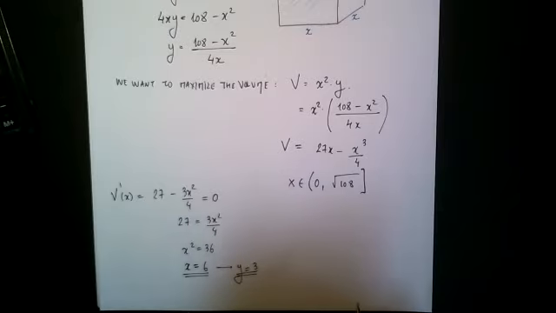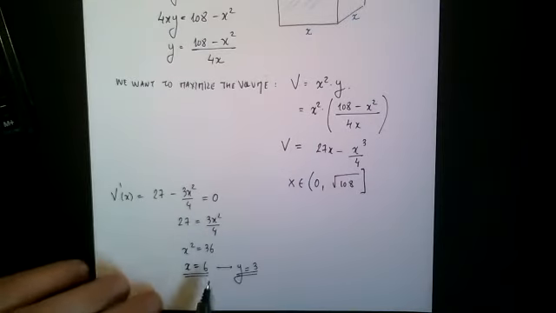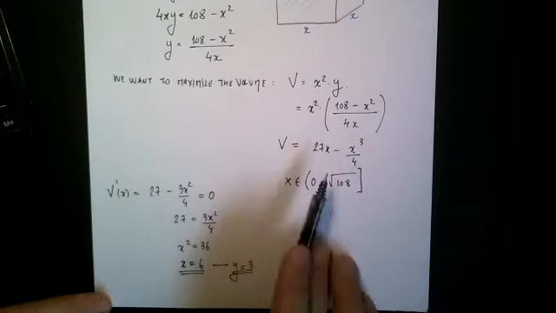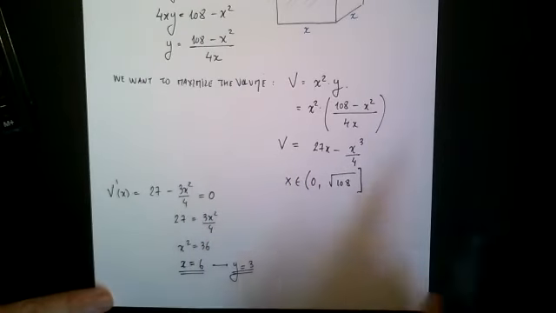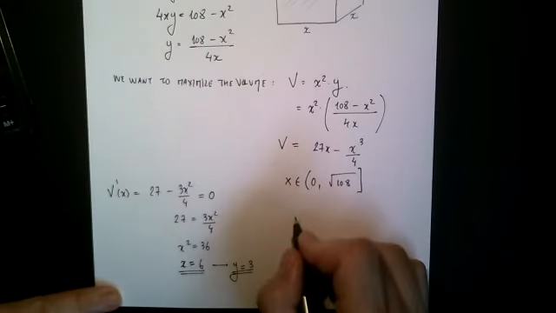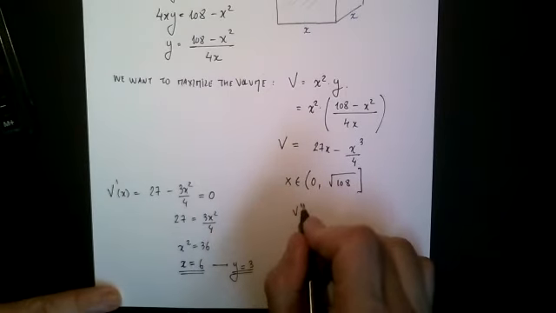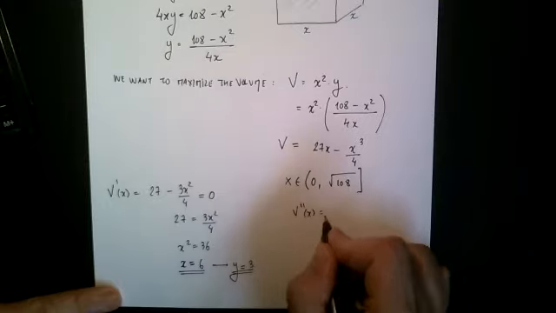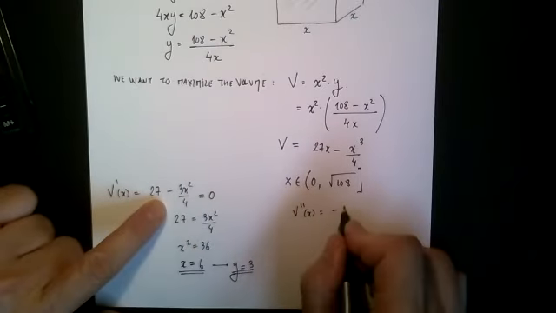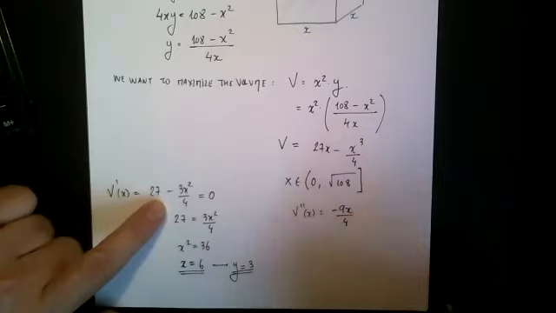You remember what to do? So we have to decide if, when x is 6, V is at a maximum or a minimum. Okay, so I will find the second derivative. So V double prime of x is equal to the derivative of this, which is negative 9x over 4.